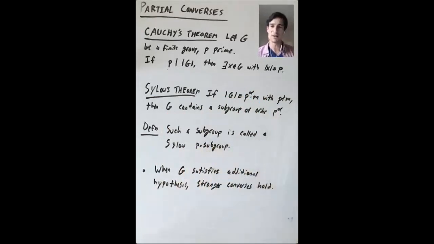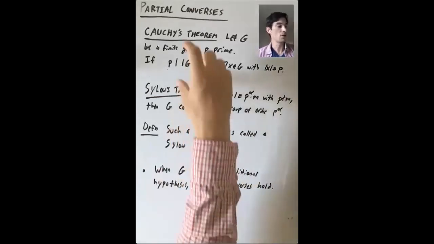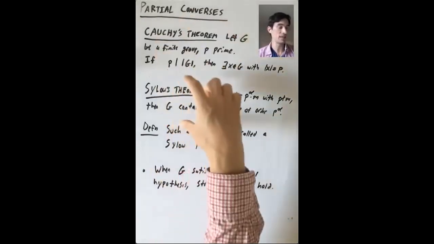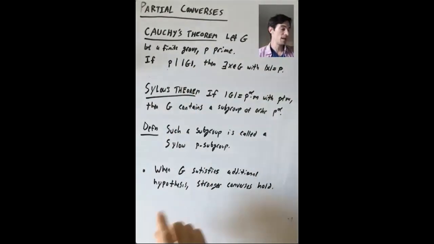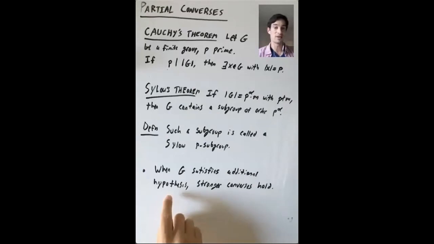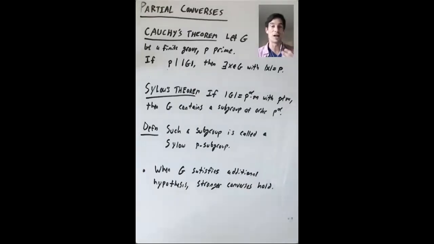So one big thing that we're going to do later in the course is try to understand groups by understanding their set of Sylow p-subgroups. So Cauchy's theorem is true for any finite group. Sylow's theorem is true for any finite group. If you restrict to groups that satisfy additional hypotheses, like being solvable, that we'll talk about soon, or supersolvable, then stronger converses will hold.